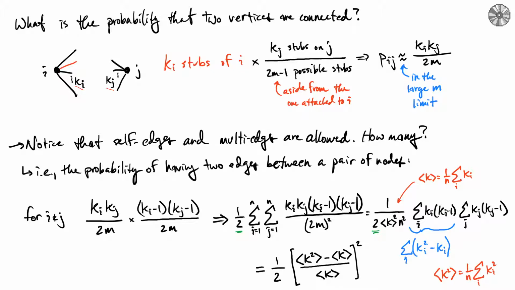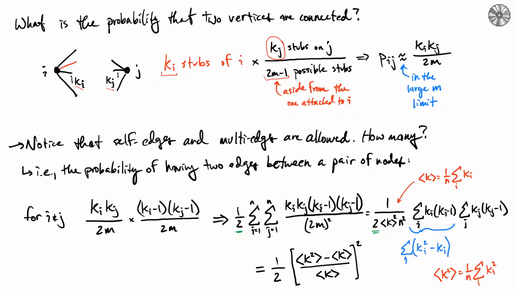We can think about starting from node i, which gives us k_i tries at connecting to j. And on each of those tries, we're going to be selecting any of the stubs that are on j. So we have k_j options of stubs out of the rest of the edges.